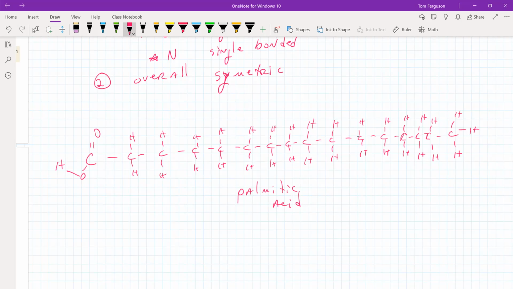Fatty acids differ in the number of carbons and also in the number of double bonds. Depending on the source of the triglyceride, it'll have a varying amount of single and double bonds. The more single bonds it has, the less healthy it is.